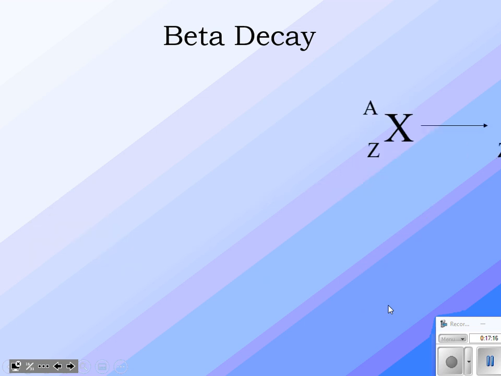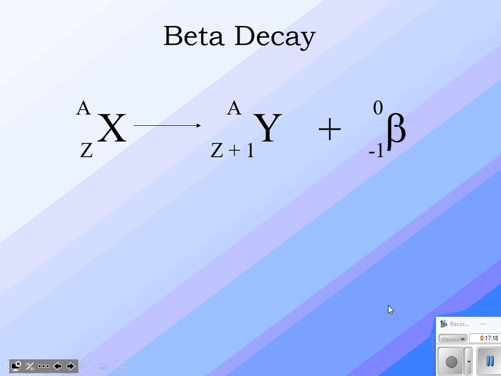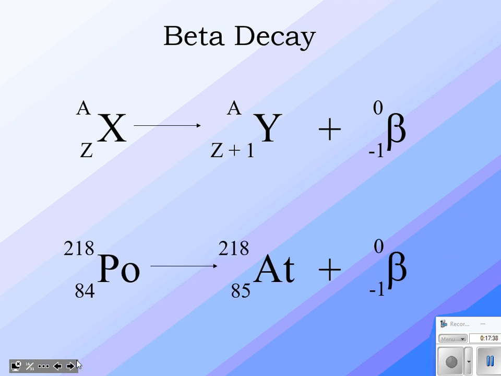So, when I talk about the equation that I need to remember for beta decay, here is the one that you need to write down in your notes. So, once again, the one I just showed you with the polonium, 218, 84.